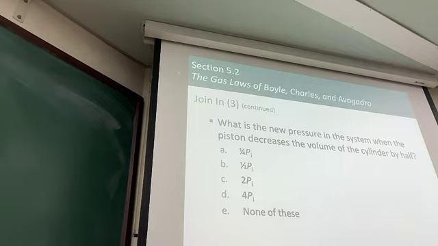What is the new pressure in the system when the piston decreases the volume of the cylinder by half? So this goes to this situation here. What is the new pressure? Oh, this is Pi over 2.